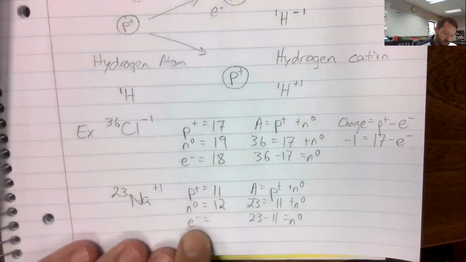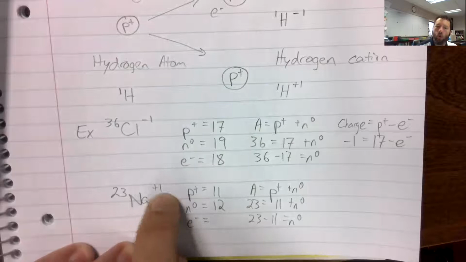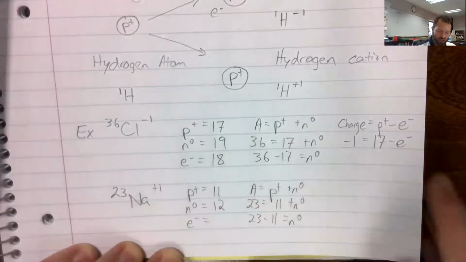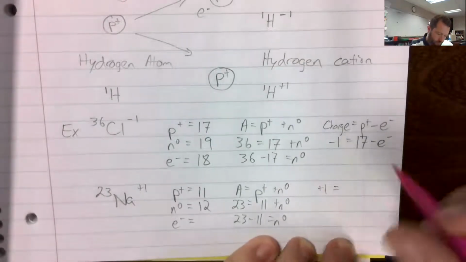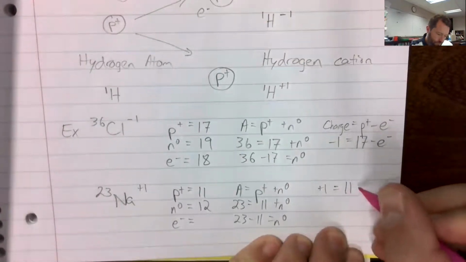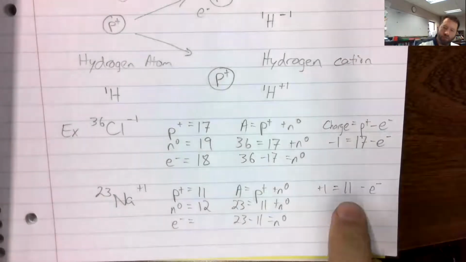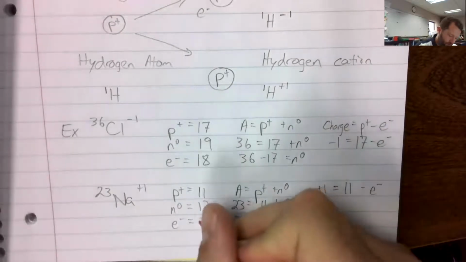Now we get down to electrons. Again, what this is telling us is that we have one more positive charge than negative charge. Again, if you want to see it mathematically, 11 minus what gives us positive 1?